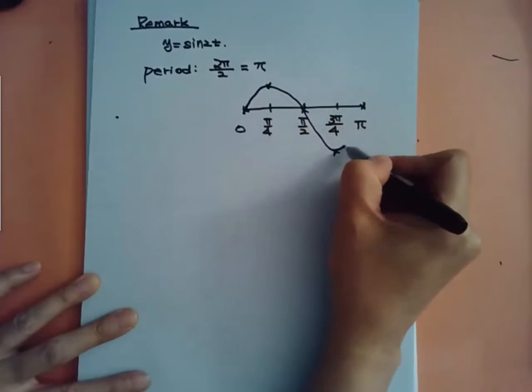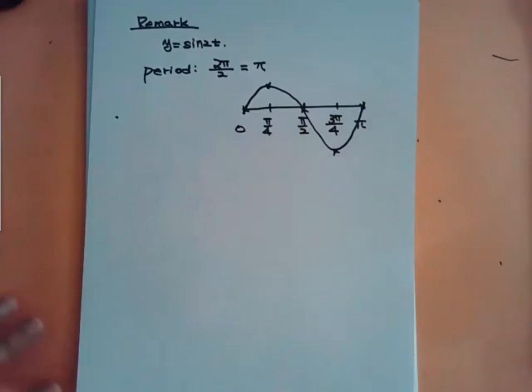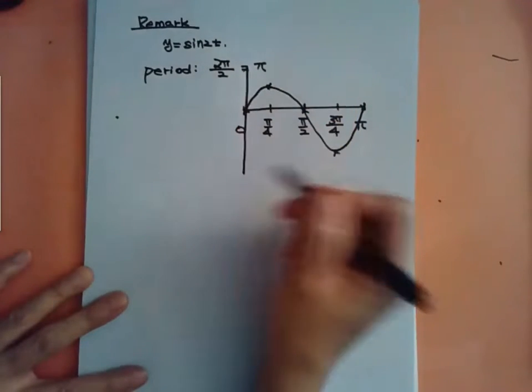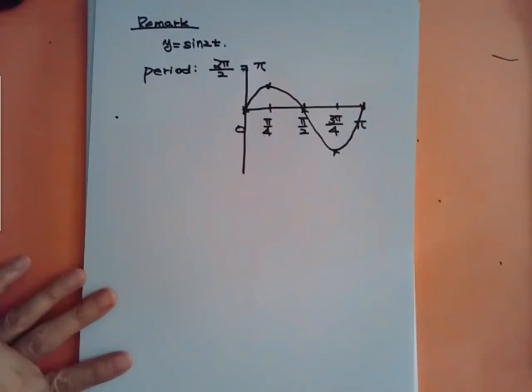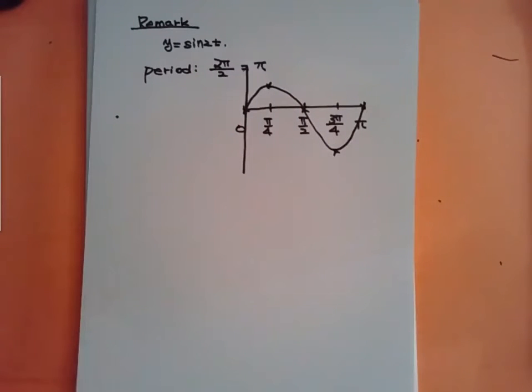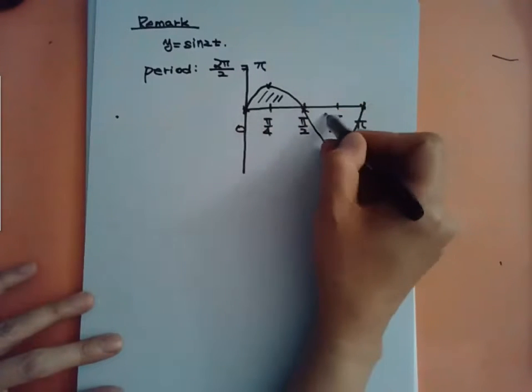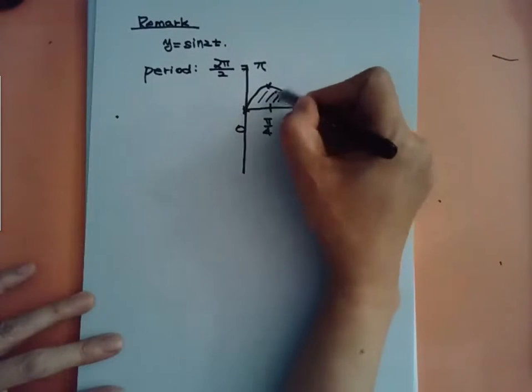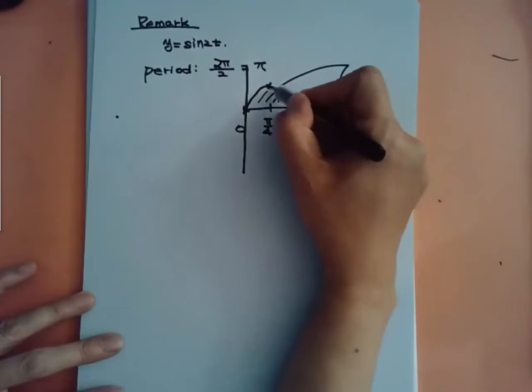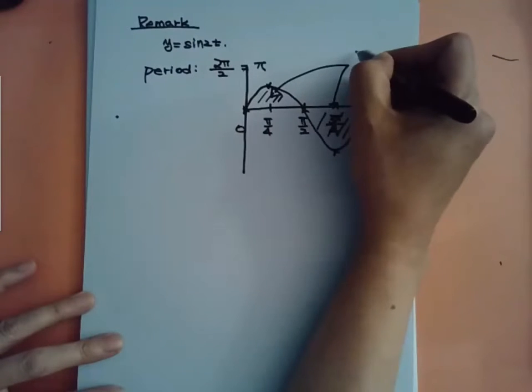When we transfer that to the XY plane, like this, what we know about the characteristic of the sine graph is that this area and that area are the same area.